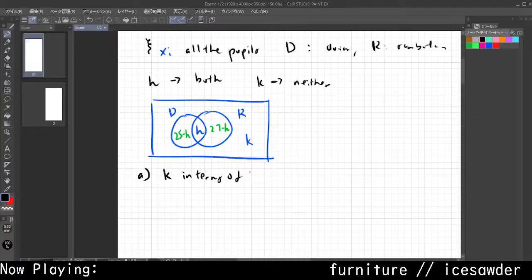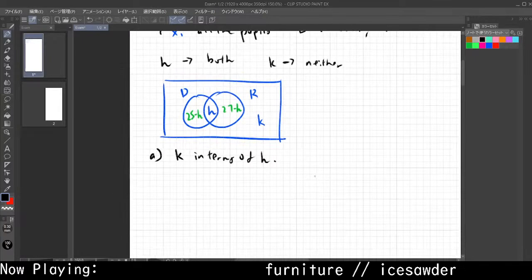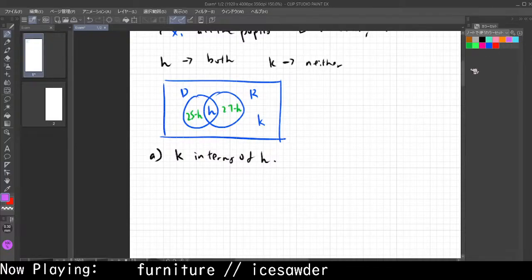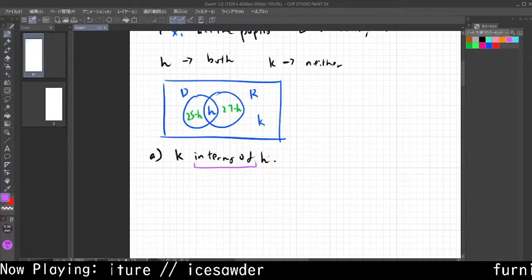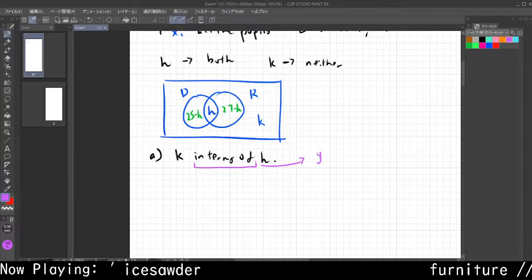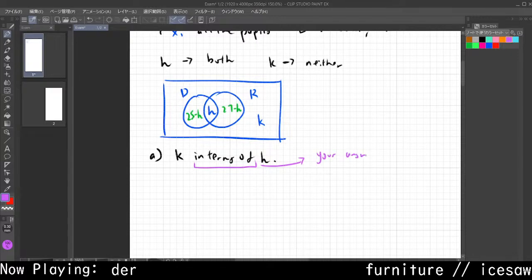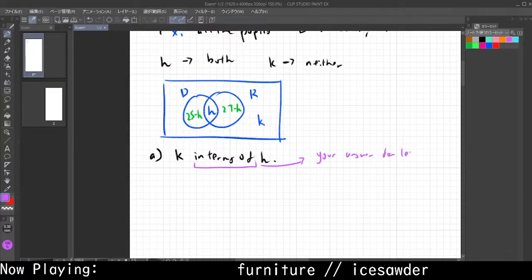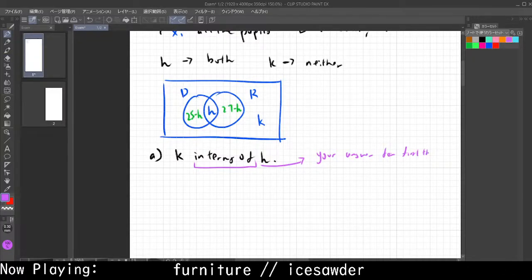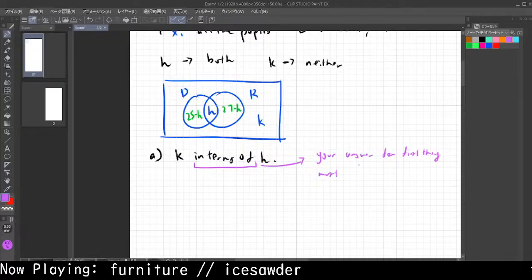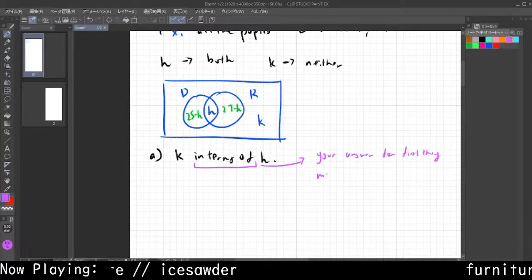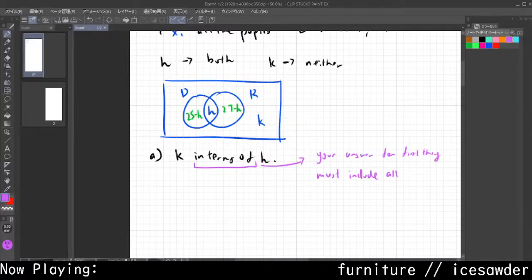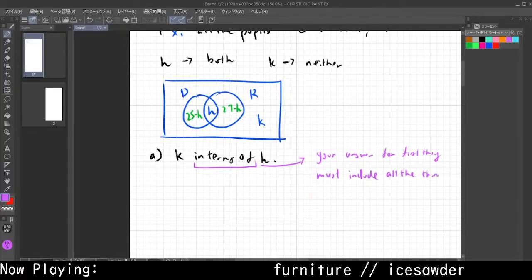Okay, what does "in terms of" mean? This phrase basically means your answer for your first thing, in this case your K, must include all the things on the right.